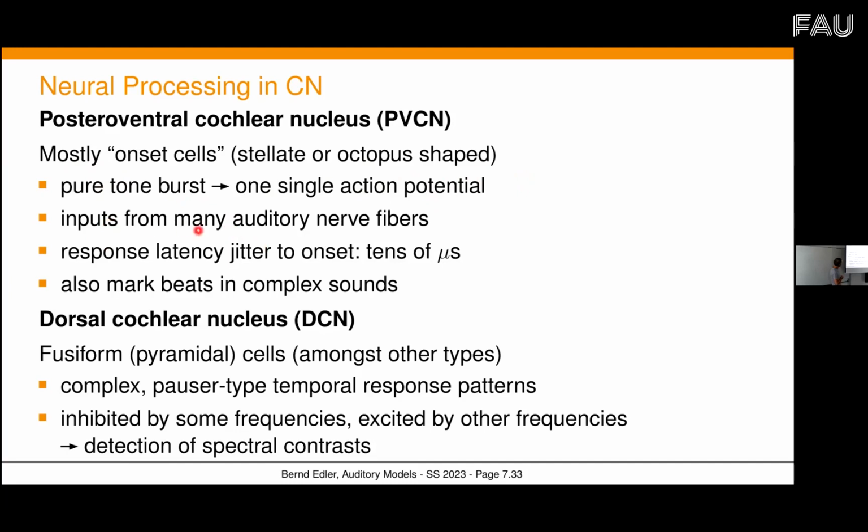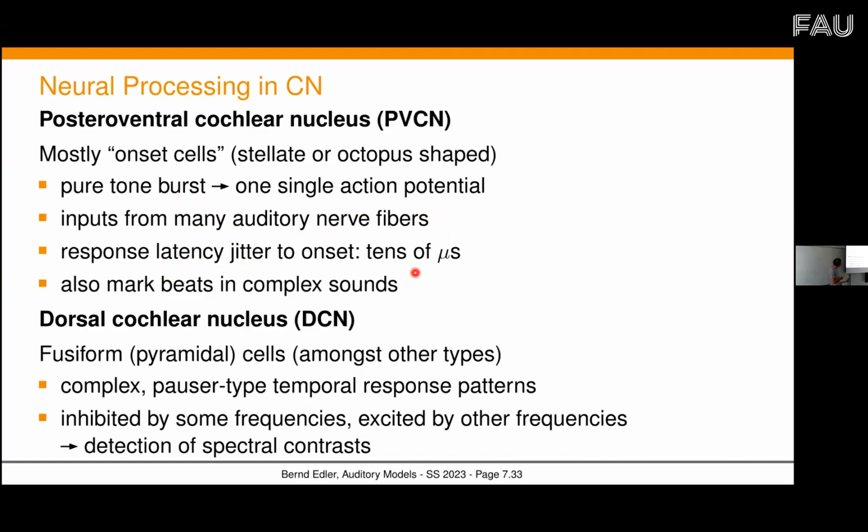They also process inputs from many auditory nerve fibers, because if you have an impulse-like signal, this would have a wide spectrum, and this is covered by many auditory nerve fibers being processed together in these onset cells.